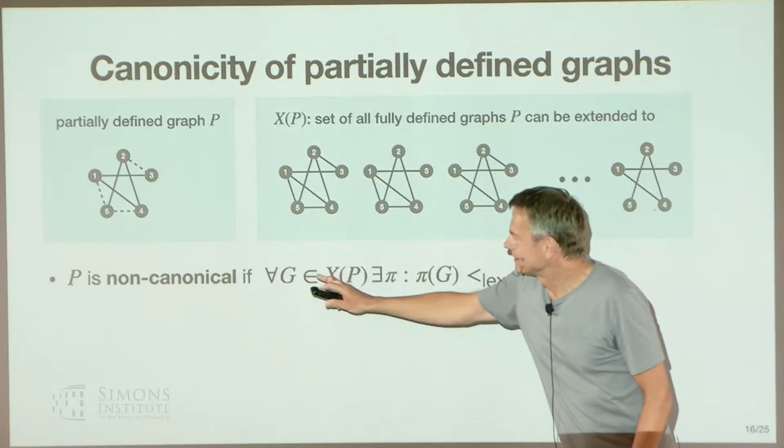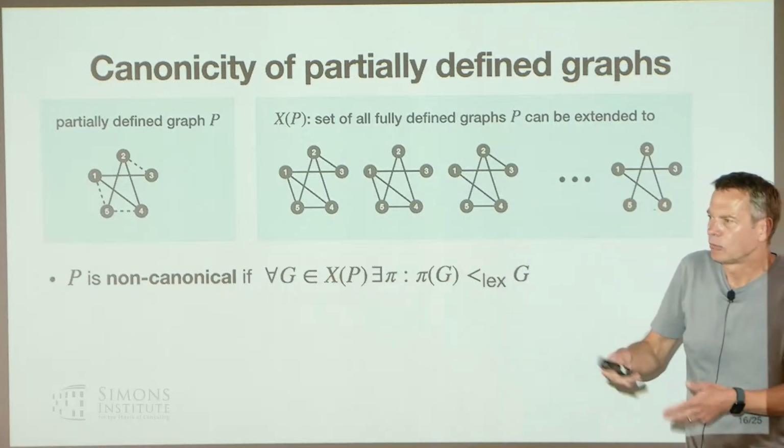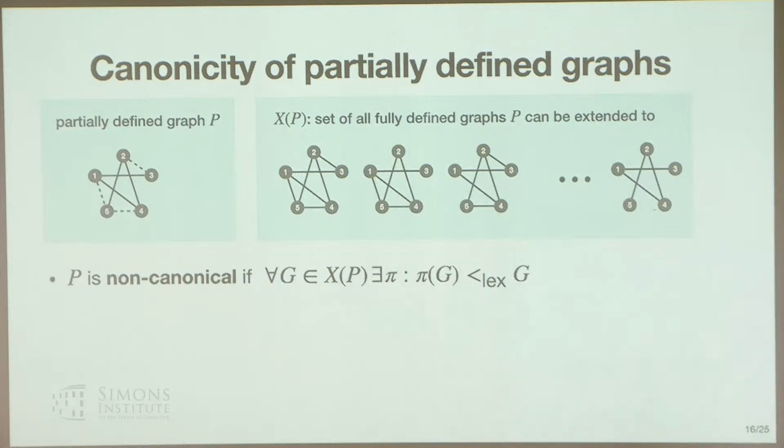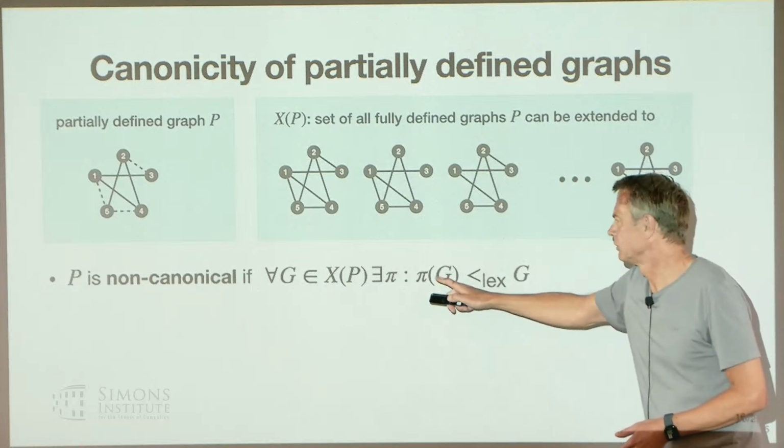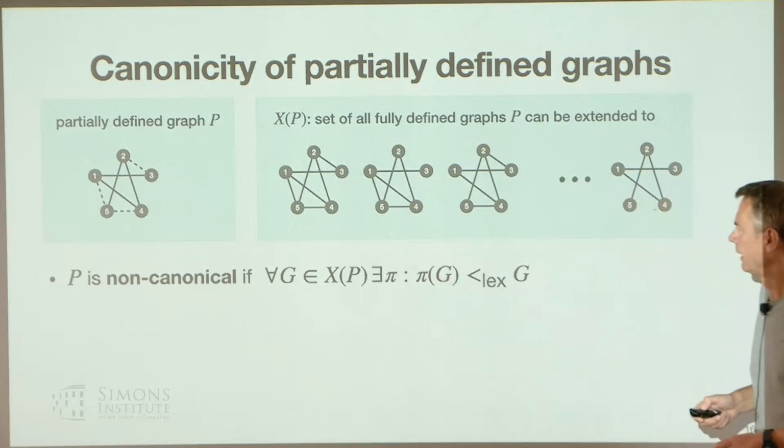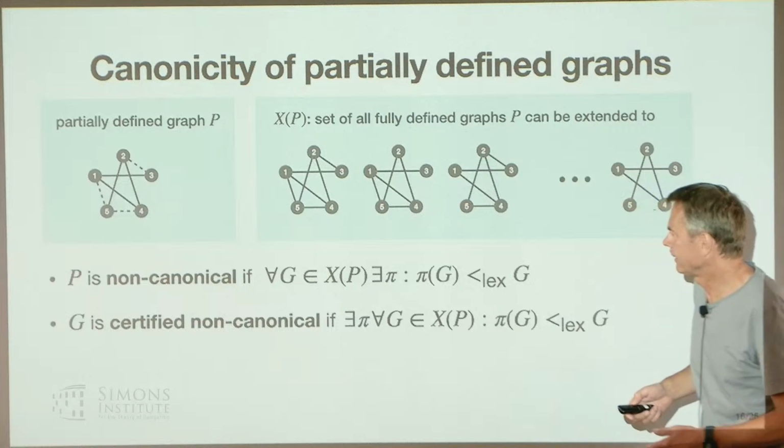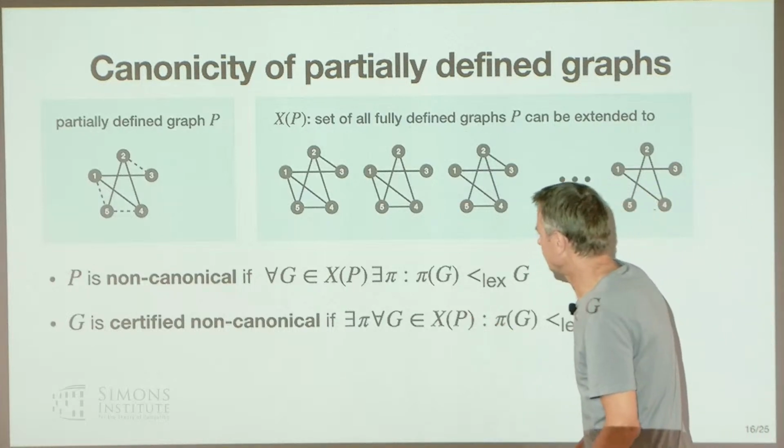However, this non-canonicity test, we have to do thousands of times each second. So this needs to be very fast, and so this is not feasible. This would take far, far too long. And so we settled on the following. We call this certified non-canonical.